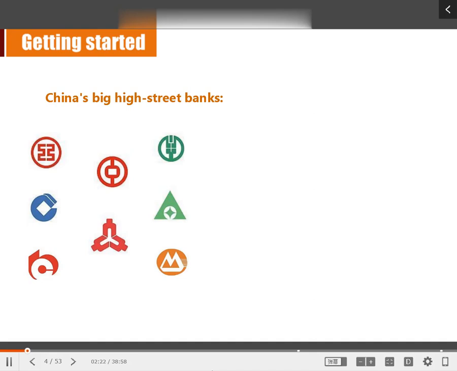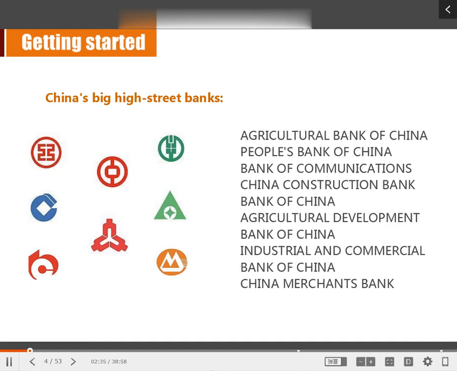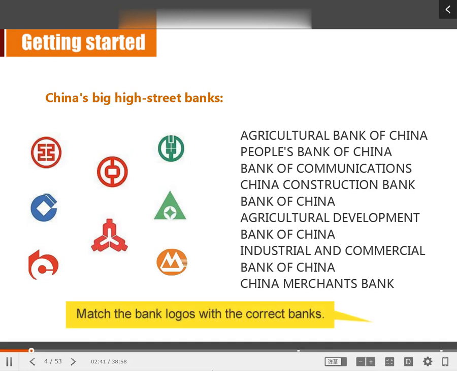Let's have a try. Okay, great. Now, on the right, we have the names for the logos. Now, I'd like you to match the bank logos with the correct banks. And here, let me give you 30 seconds to do this.